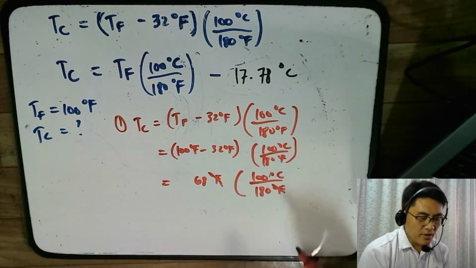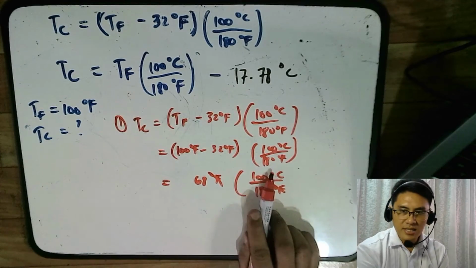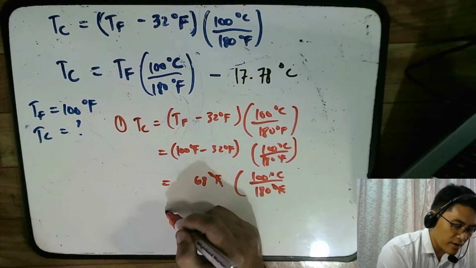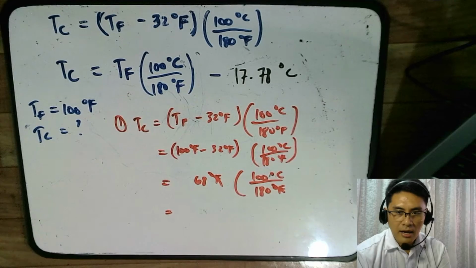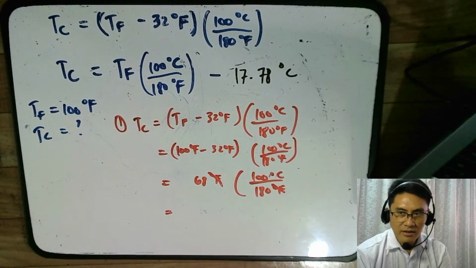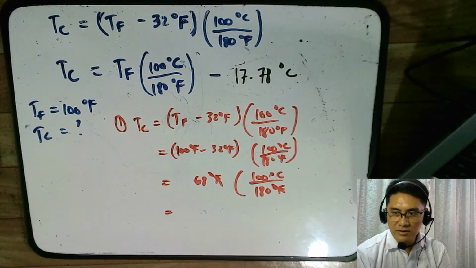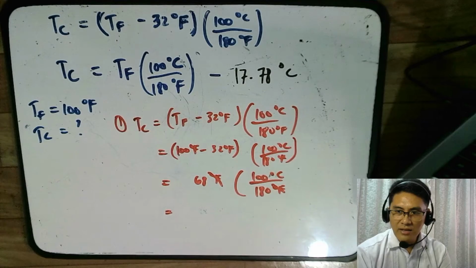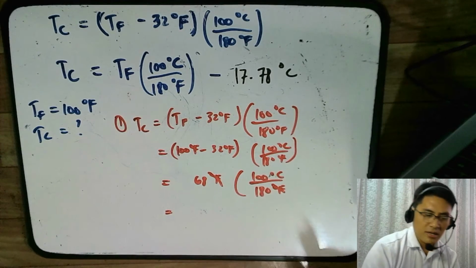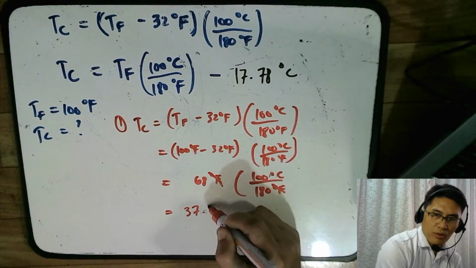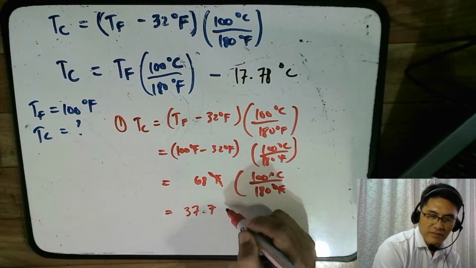The Fahrenheit cancels out. 68 times 100 is 6,800 divided by 180. I have to use the calculator for this. 68 times 100 is obviously 6,800, and then I divide that by 180, and the answer will be 37.777777.